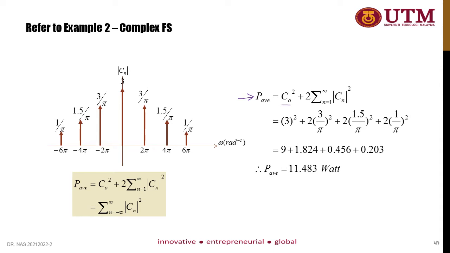Let's start with C naught, which is 3 squared, plus 2 times C1 squared. This is your C1, so it is 3 over pi, squared, multiplied with 2. Move on to the next one: 1.5 divided by pi, squared, multiplied with 2 for the frequency at 4 and minus 4. And lastly, 1 over pi, squared, multiplied with 2. Total them up, then you get the average power for the signal.